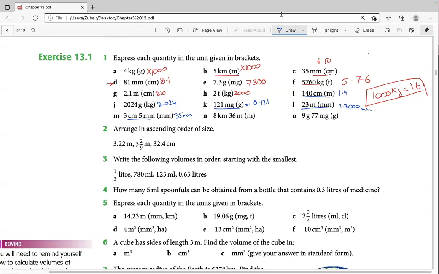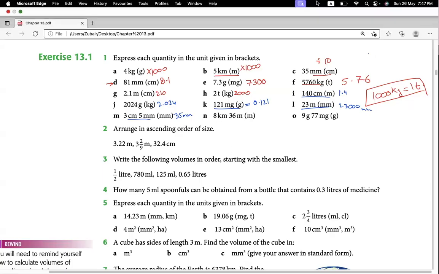And 8 kilometer and 36 meters. 8,036. Yes. 9 grams and 77 milligram to grams. 0.077. So 9.077. Very good.